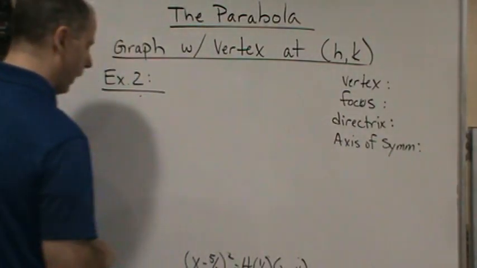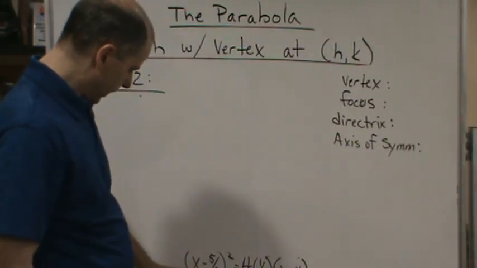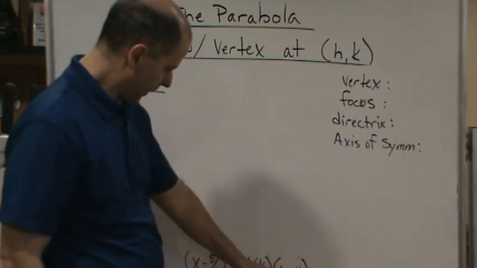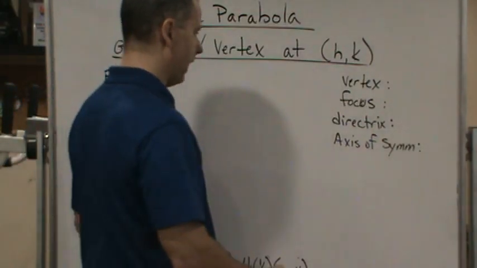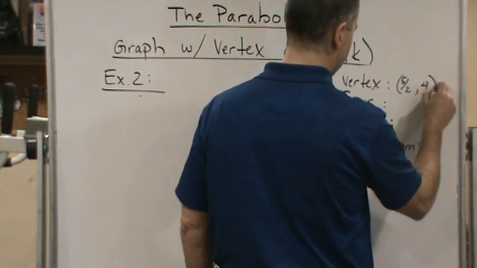Okay, so right now, where is the vertex? The vertex is going to be located at 5 halves, comma 4.